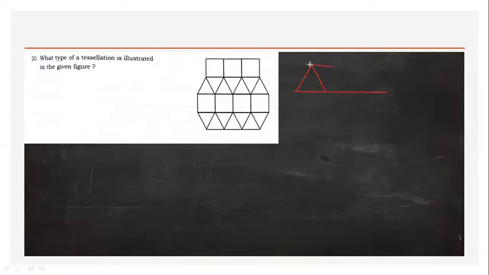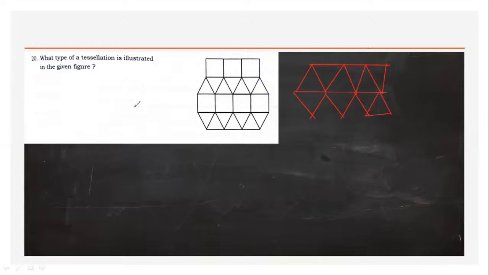This tessellation, if you consider it, consists of only triangles. This type we can call a pure tessellation. Only one type of shape is here. But here two types are there.